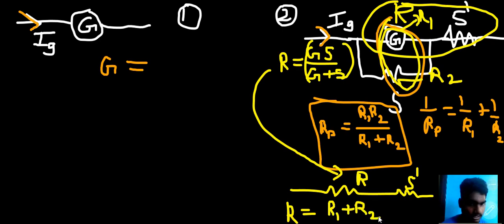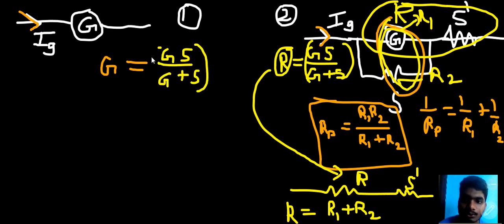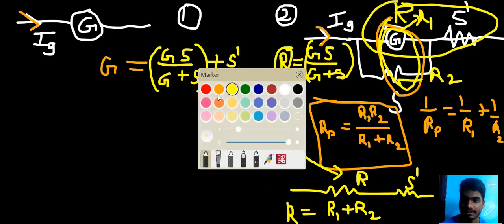So the total resistance here is R plus S dash. R is G S by G plus S, plus the shunt resistance S dash. This is the final equation that we get here.